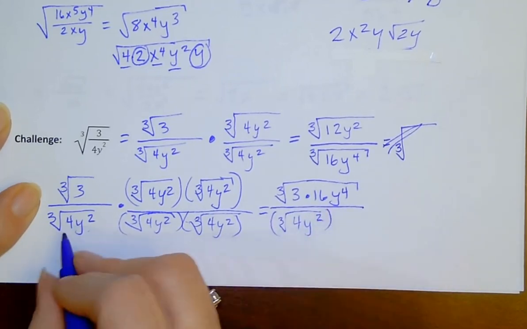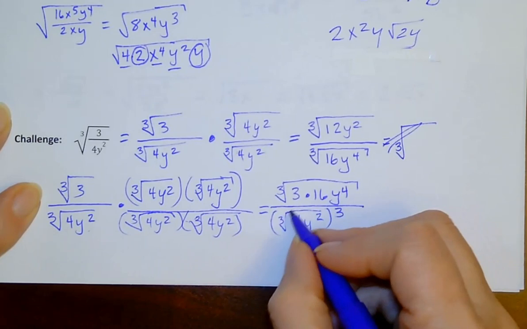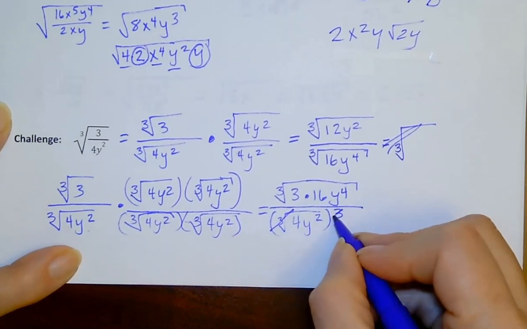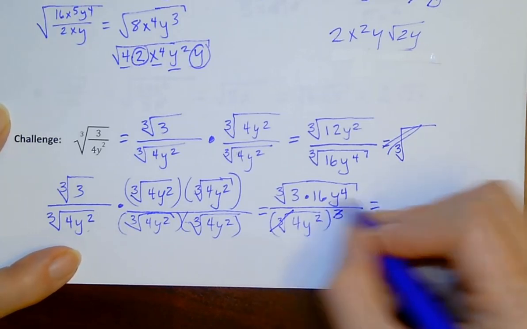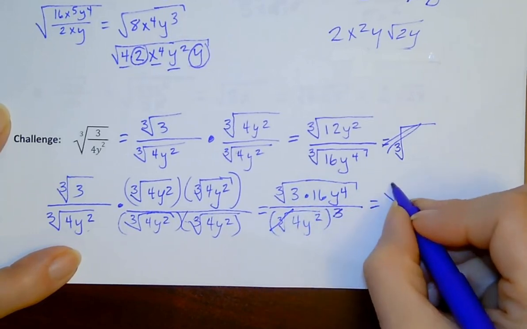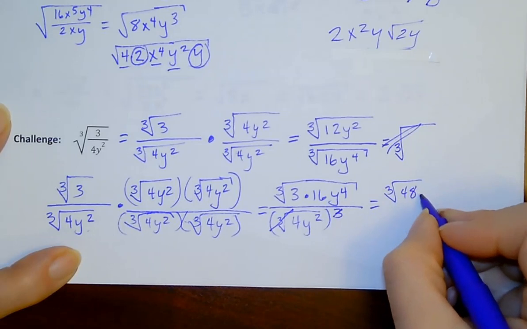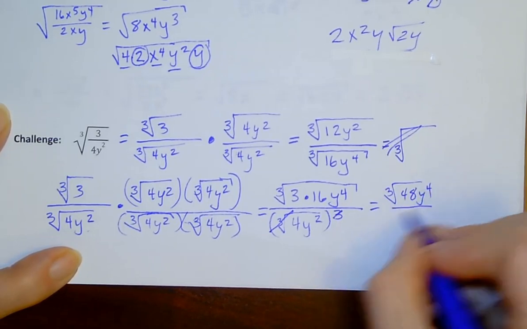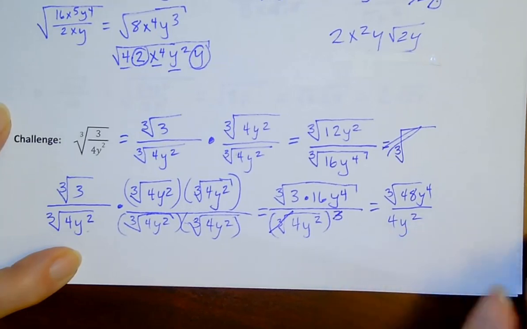But I have how many of them? 1 times 1 times 1. I have 3 of them total. So the cube root undoes the cube. See what I did? Before, the square root undid the square. This time the cube root undoes the cube. So now if I keep doing my work up here, I have the cube root of 48y to the 4th. And it's all over, I undid that cube root, so it's just 4y squared here. Yeah?